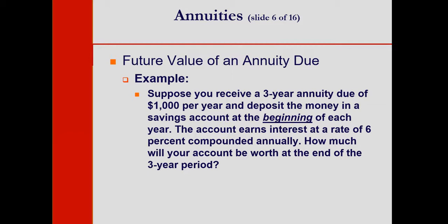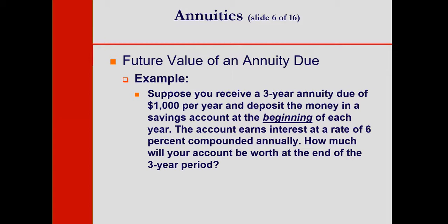The problem says, suppose you receive a 3-year annuity due of $1,000 per year and deposit the money in a savings account at the beginning of each year. The account earns interest at a rate of 6% compounded annually. How much will your account be worth at the end of the 3-year period?